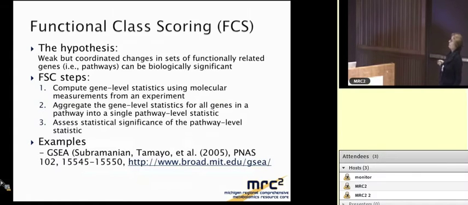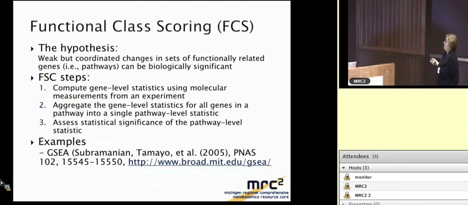This is the classical example of these functional class scoring methods. The idea there is to start by computing gene level statistics. There are a number of ways of doing that, as George said, but simplistically, you can do a t-test and have your p-values for your differentially regulated metabolites or genes.